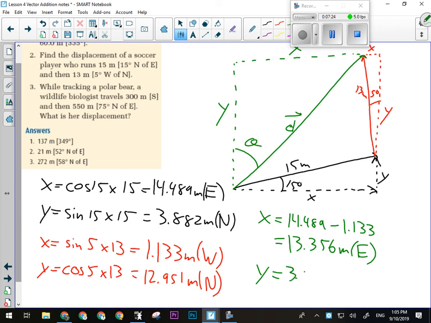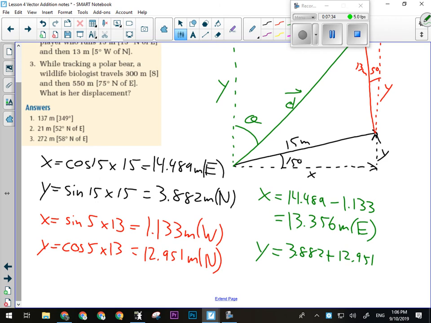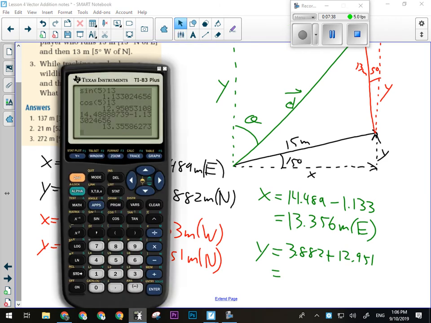So that'll be 3.882 plus 12.951. I'm sure I lost one of those numbers on the calculator, so I'll have to get it again. So cos of 15 times 15.